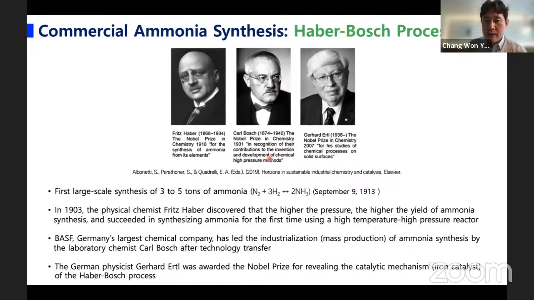This is called the Haber-Bosch process. And the 3rd Nobel Prize came for the achievements of this scientist in studies of chemical processes on solid surfaces. It's a mechanistic study revealing the catalytic mechanism of the Haber-Bosch process.